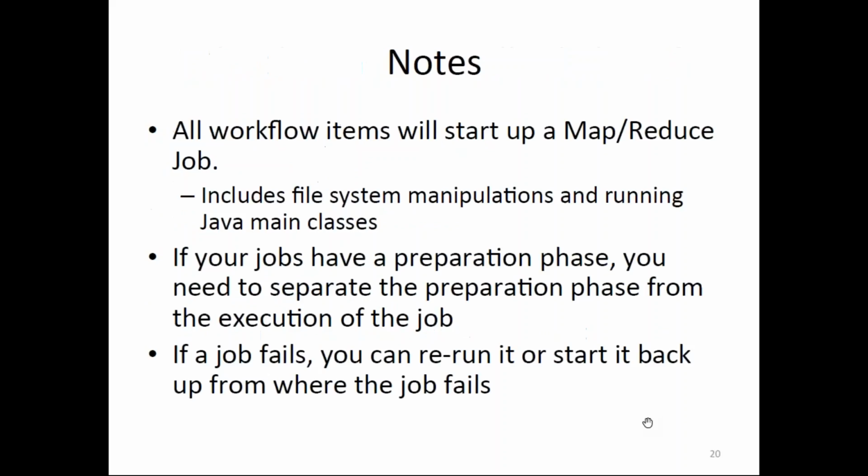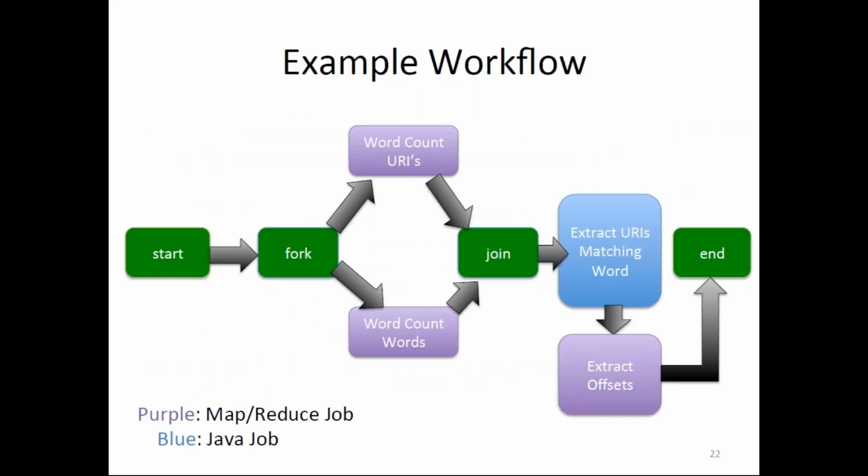Then there are a couple of notes telling how things work, and an example to show what the flow looks like. It starts with a start node, goes to a fork node, and this fork node divides the path into two different paths, and then it executes a couple of jobs.